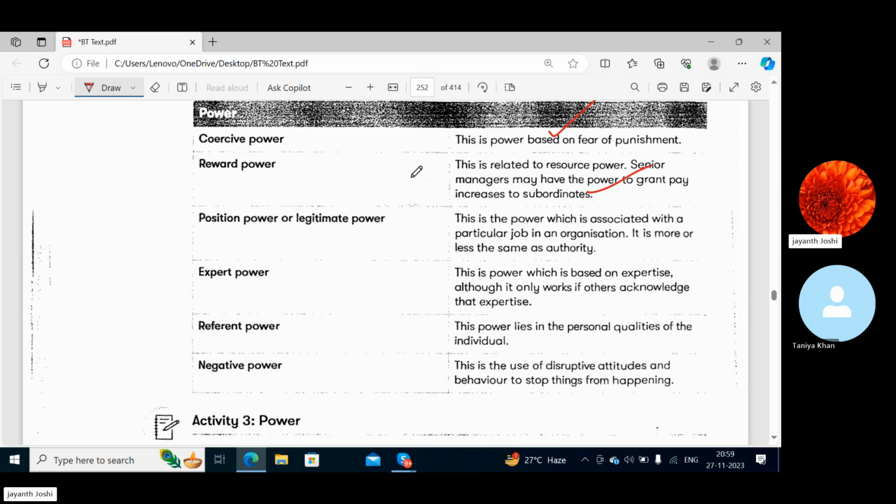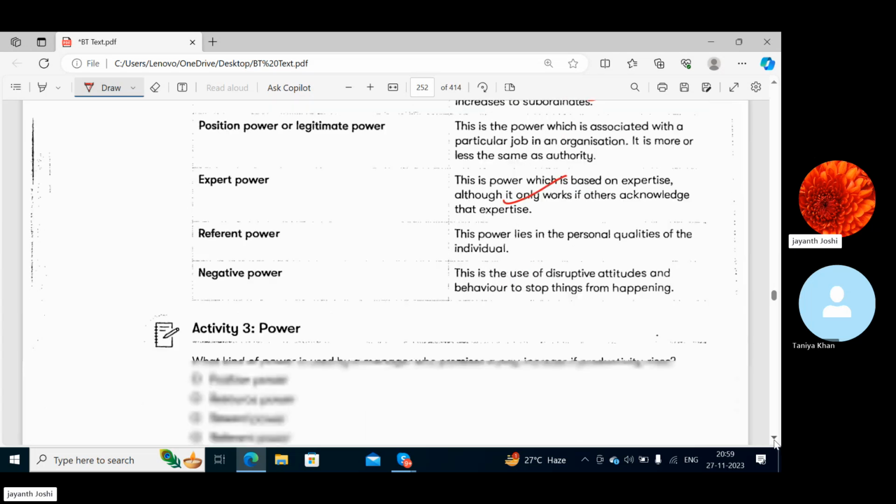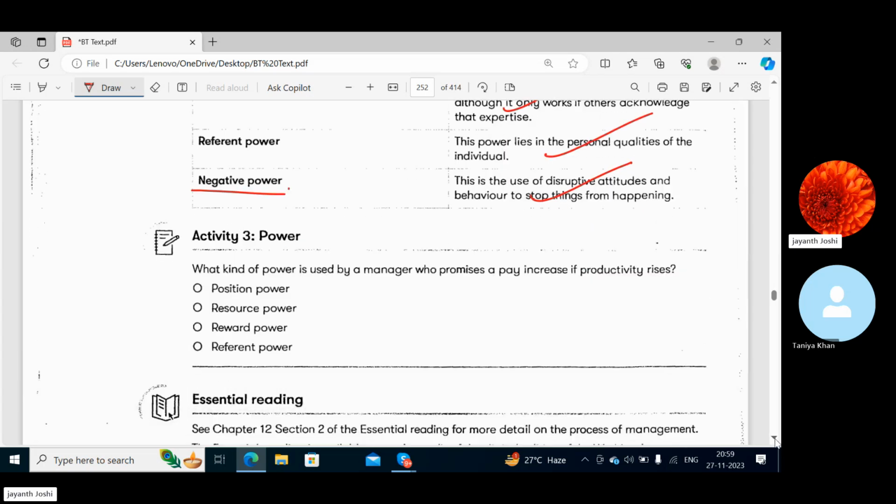They can do that, right? And position power, legitimate power, generally in a job. Expert power, you have some expertise knowledge, so you have the ability to answer questions. Referent power, this power lies in the personal qualities of the individual. Negative power, this is the use of disruptive attitudes and behavior to stop things from happening. Someone uses this power, they don't want you to do certain tasks, they disrupt you, right?